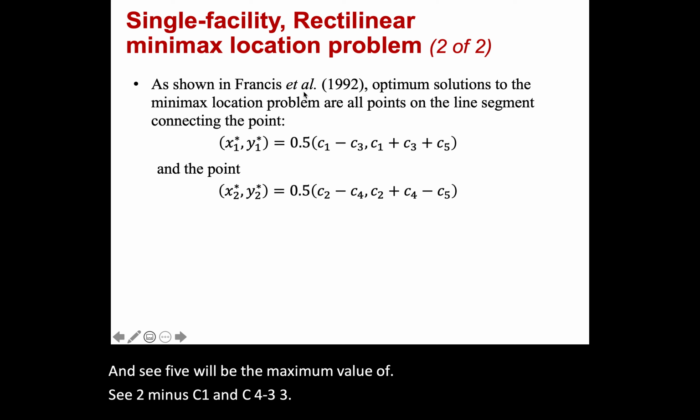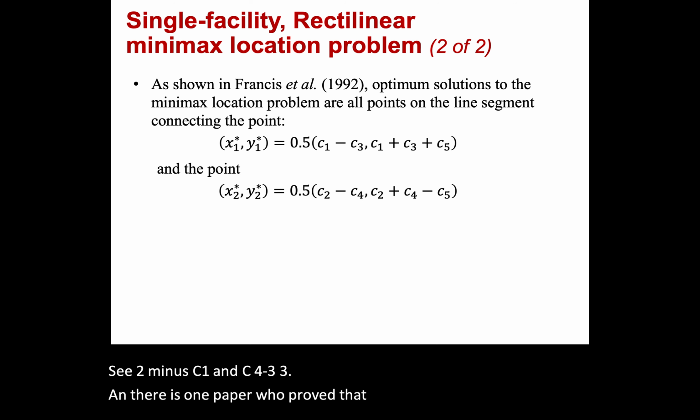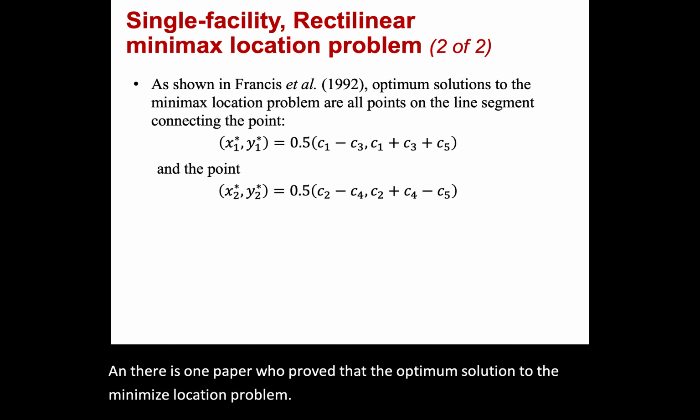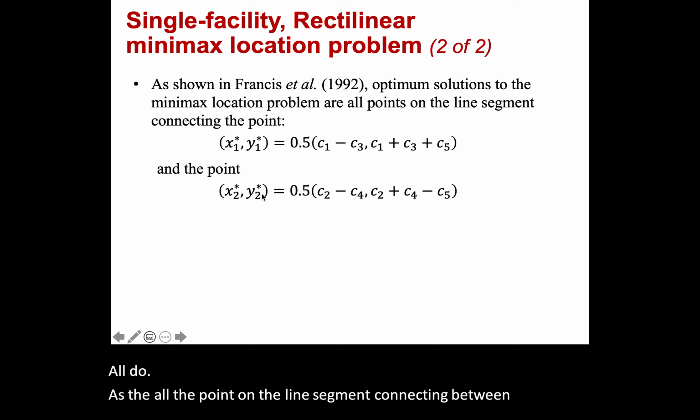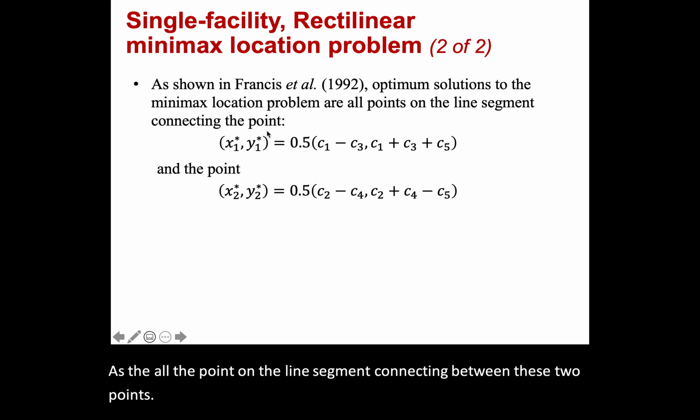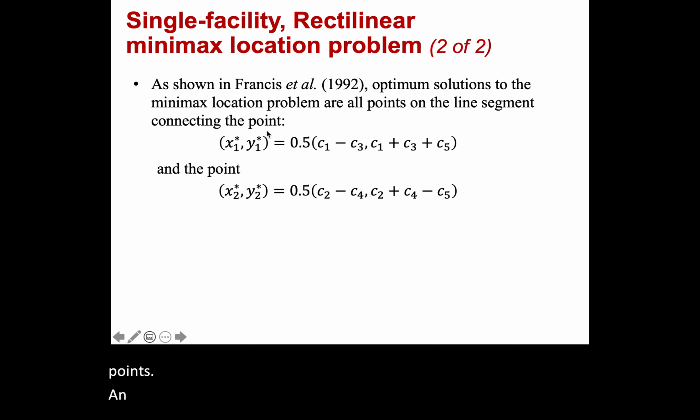And there is one paper that proved that the optimum solutions to the minimax location problem are all the points on the line segment connecting these two points. Okay, and I also put this paper in the reference list at the end of this part.